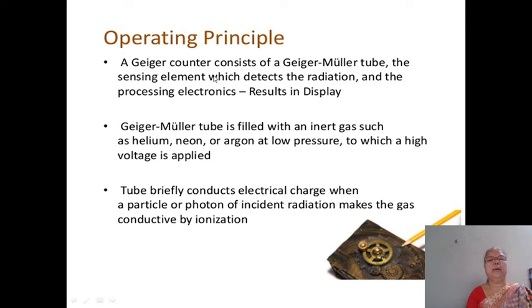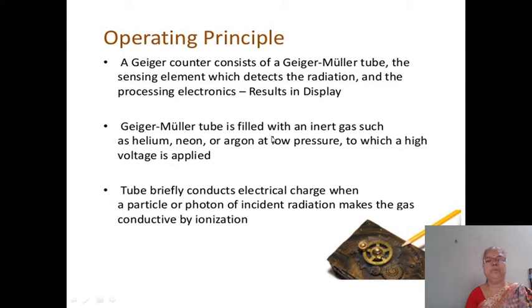A Geiger counter consists of a Geiger tube, the sensing element which detects the radiation, and processing electronics resulting in display.